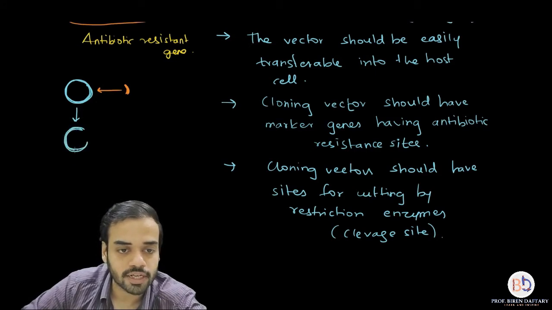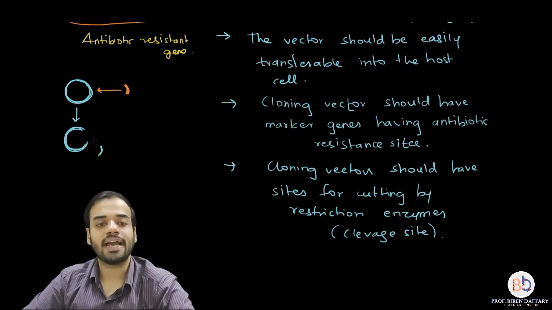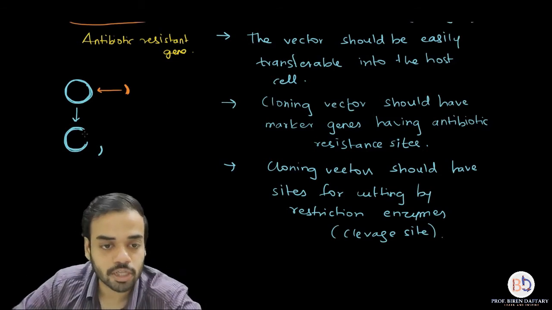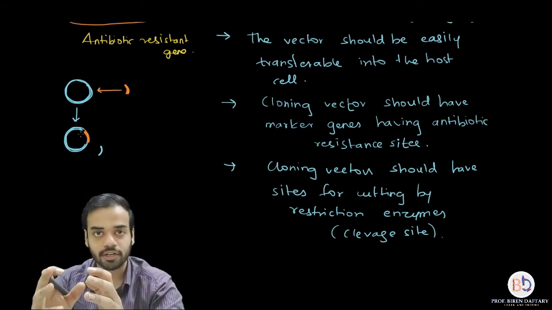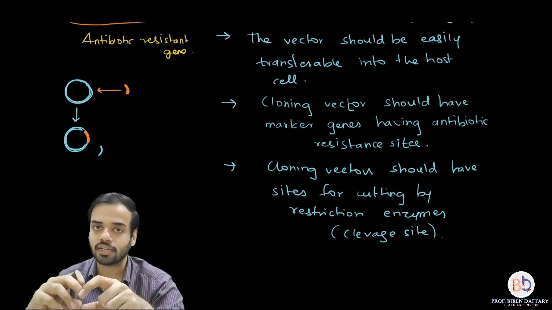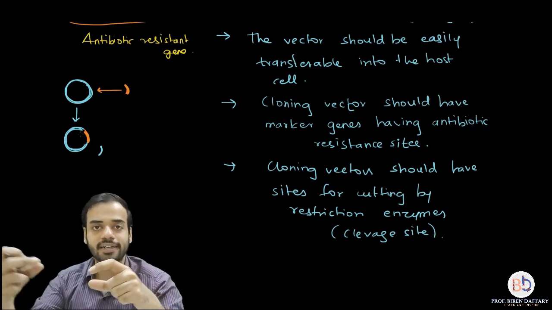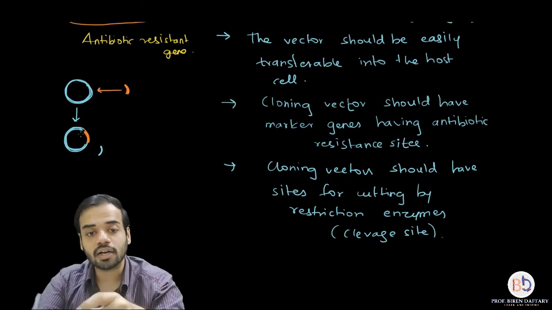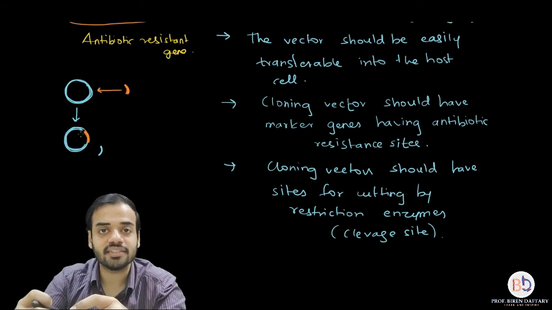This portion of the cloning vector I have removed, and in that area I am going to add the required gene or the DNA fragment. Are you getting this point? See, if you do not cut the part out of the cloning vector, there will be no area where you can attach the gene. So you need to cut the cloning vector part out so that you can insert the desired gene.